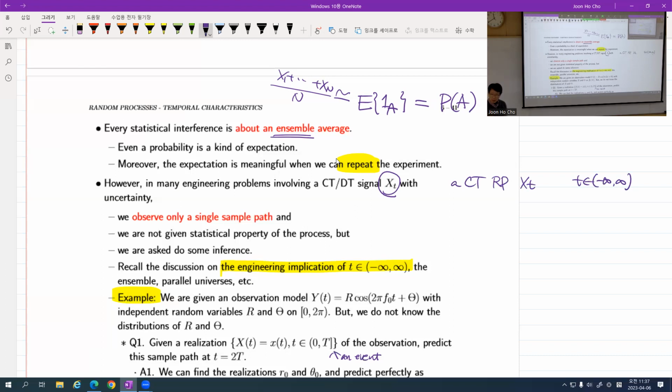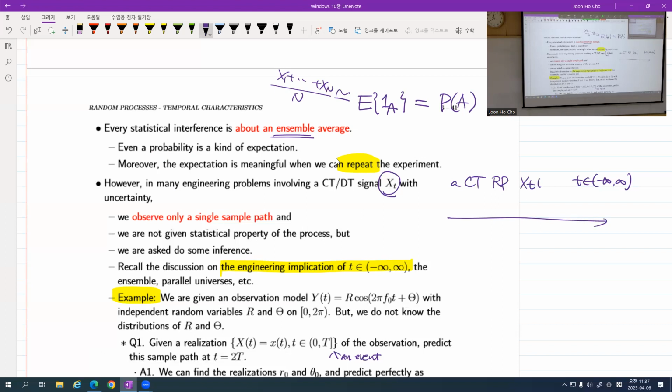Then, as I once told you in this course, what does it mean to have plus minus infinity? Precisely speaking, if we observe a single realization of that random process, we can only observe a part of it.